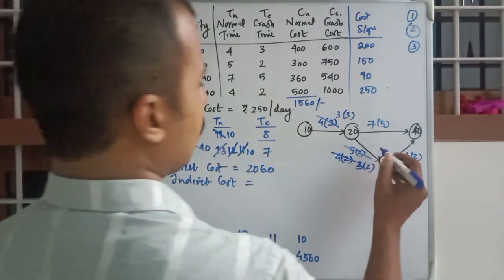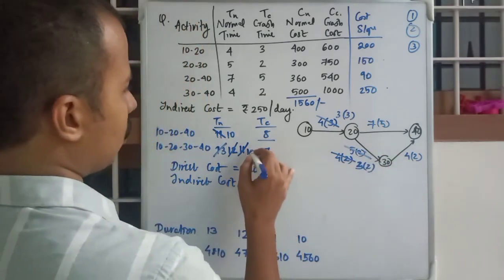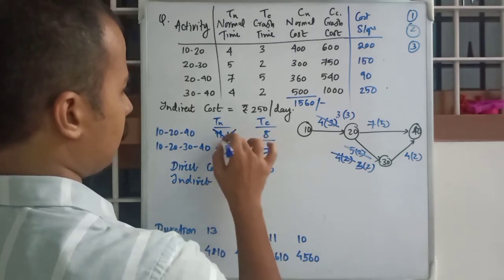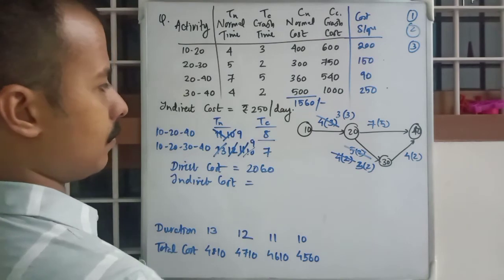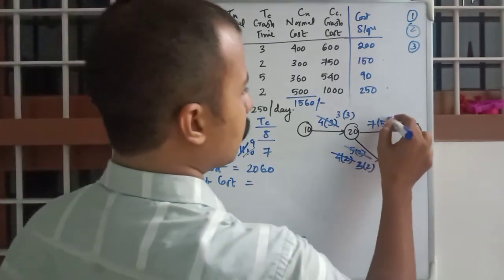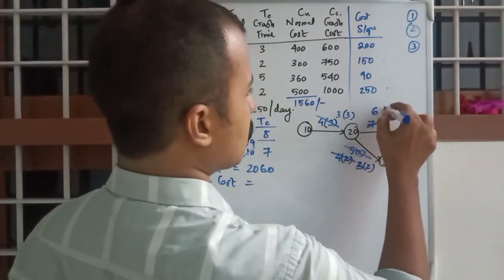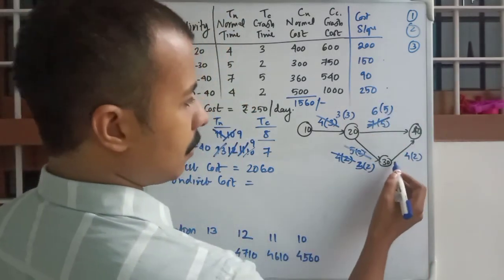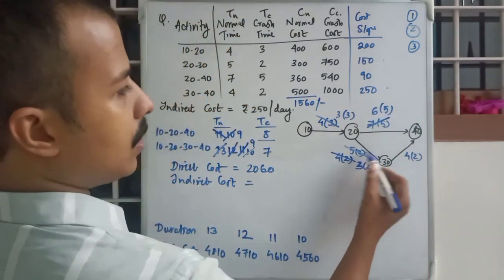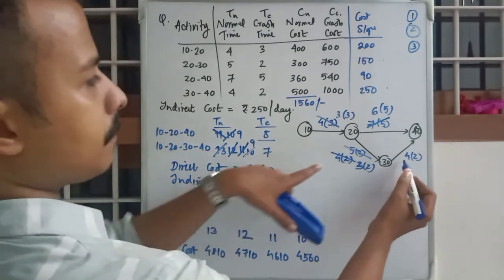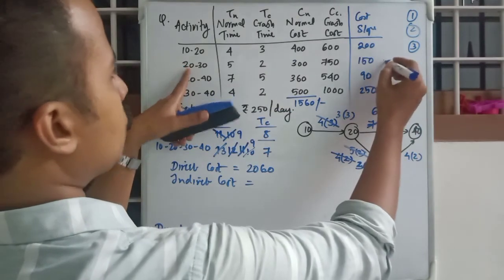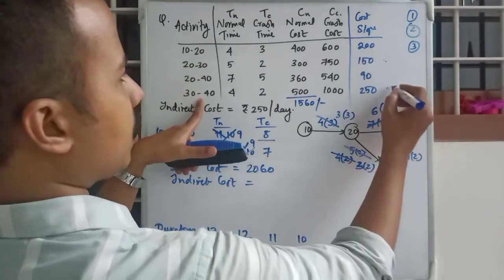So obviously, for taking out 9, okay, we will have to reduce this activity, and comparing with these two, we will have to settle with 20, 30, this one, and 30, 40, this one.